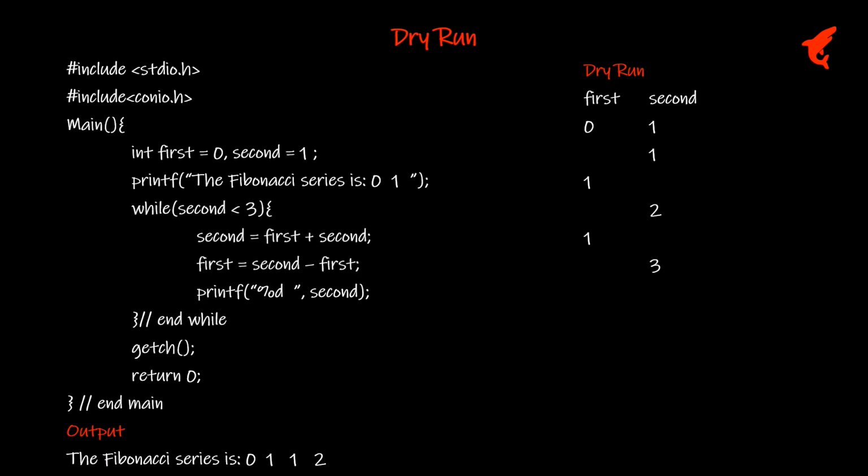After the subtraction operation first becomes 2. Then the value of second is printed as 3. And the loop cycle ends. The while condition is again checked and second is 3. The condition is false this time and so the while block is not entered. After executing the getch function and return 0 statement of main, the program execution ends.